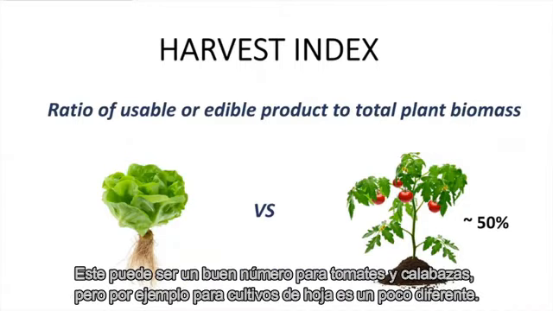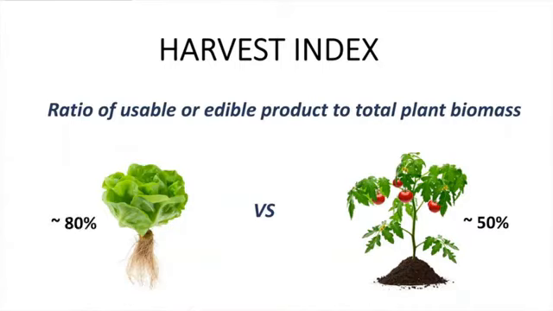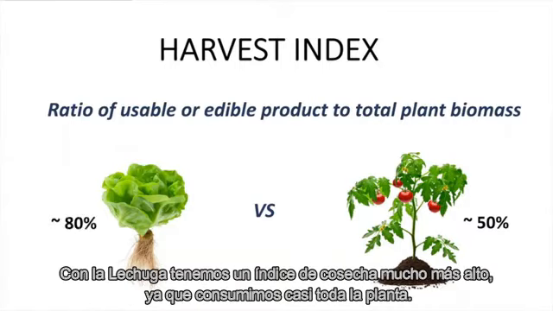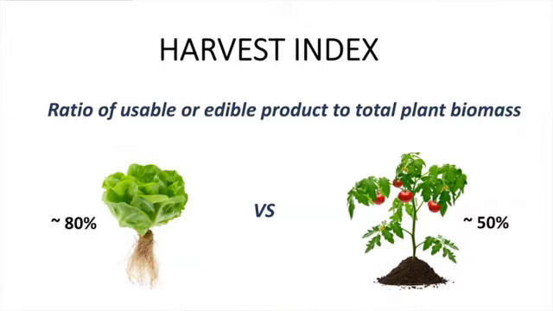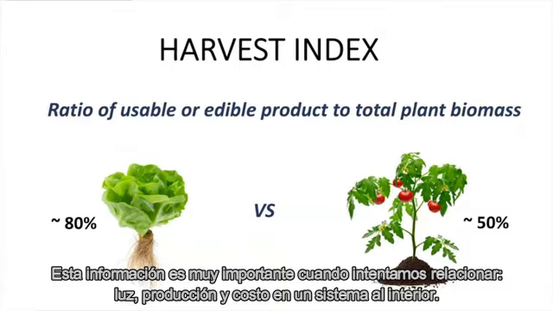This can be a good number for tomatoes, cucumbers, but for example, for leafy greens, it is a little bit different. In lettuce, we have a higher harvest index because we consume almost the whole plant. This information is important when trying to relate light, yield, and cost in an indoor system.